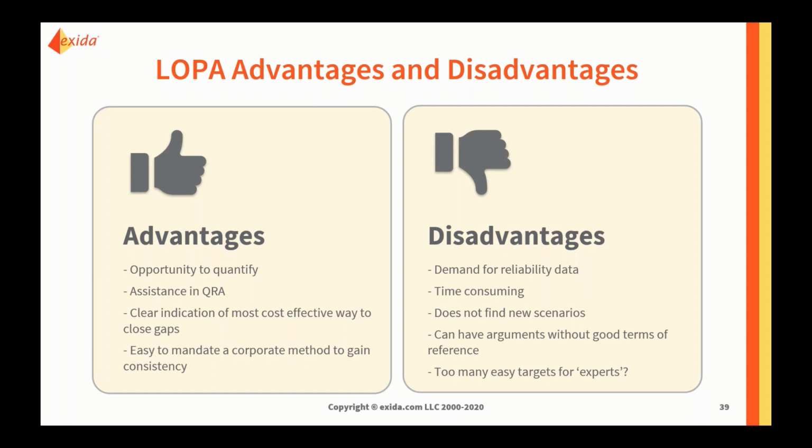But on its downside, it's only as good as the data you have to feed into it. It can take a bit of time. And unfortunately, it can be hijacked and reverse engineered to miraculously give you the answer that you wanted all along. And that railroading of the technique is something that you absolutely want to avoid, but that's for another presentation.